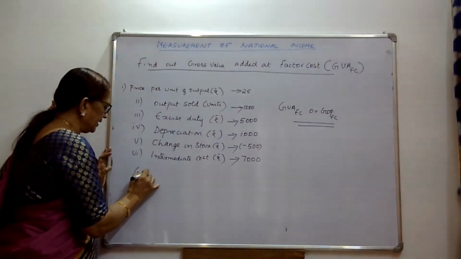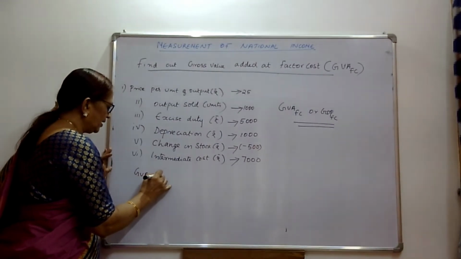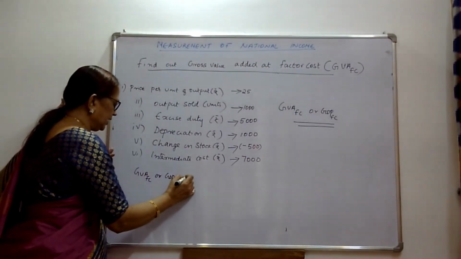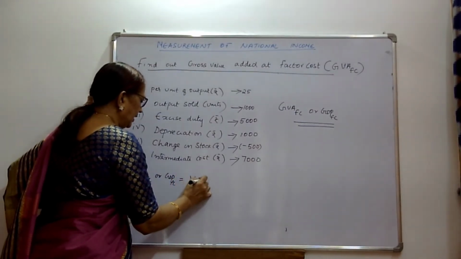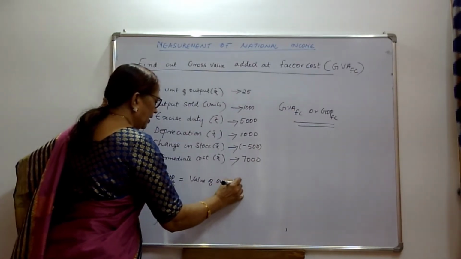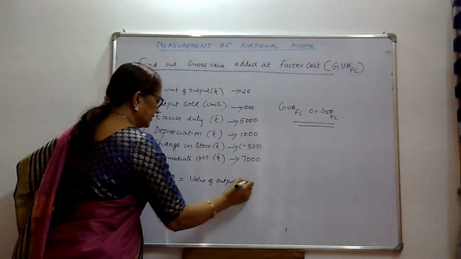Gross value added at factor cost or GDP at factor cost is equal to, again, value of output minus intermediate consumption.